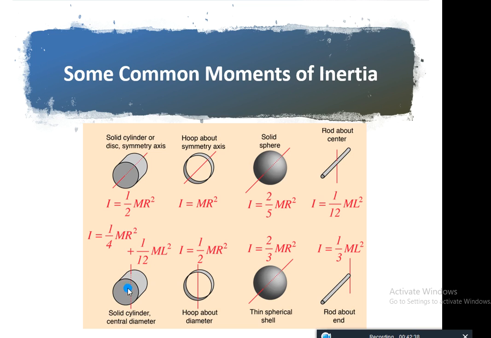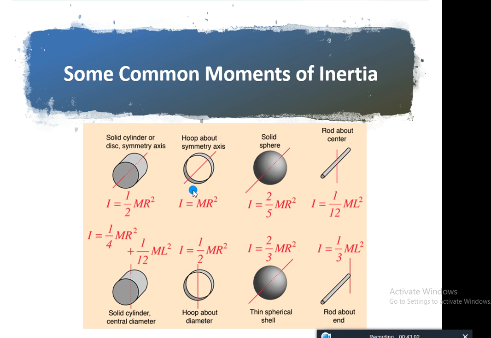It depends upon the radius of the cylinder as well as the length of the cylinder. When we took inertia about the symmetry axis, it depended only on the radius of the body, but when we take inertia about the central diameter, it depends upon the radius as well as the length.